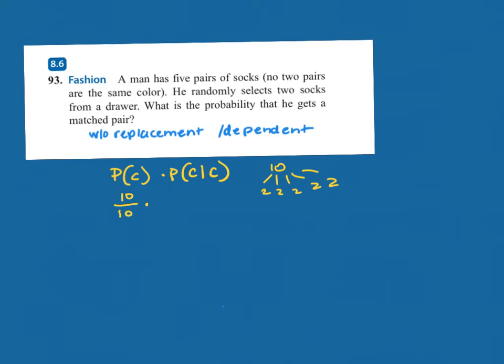But then when he goes to pick the second option, let's just say there's blue, red, green, whatever it is. If he's taken out one blue and he wants to get the same color, that means there's only one blue left and there's one sock less left, which means it would be 10 over 10 times 1/9. This can be reduced and you get just 1/9.